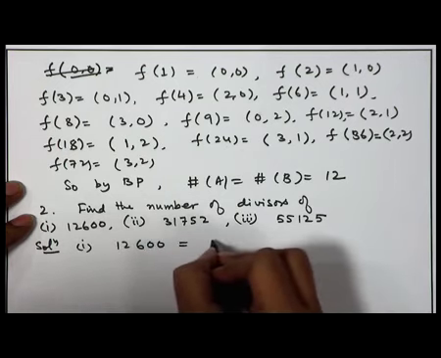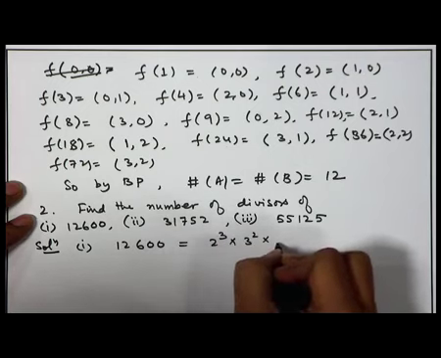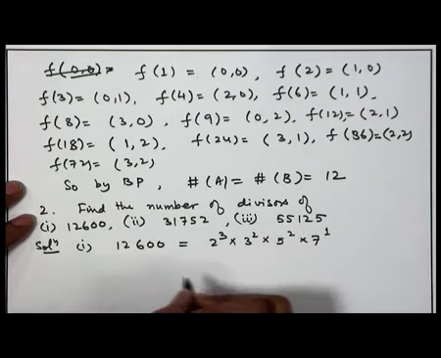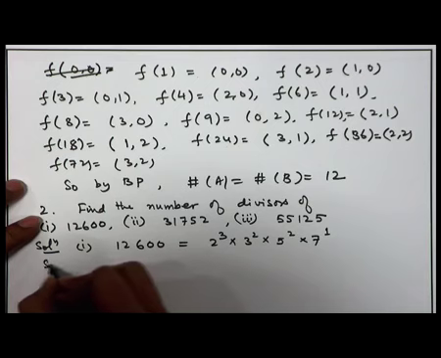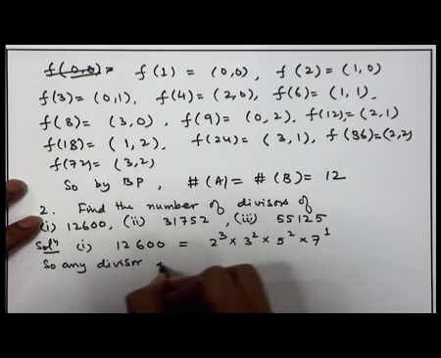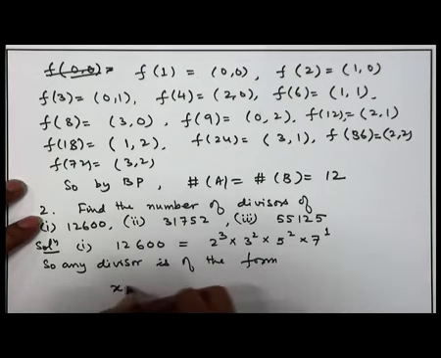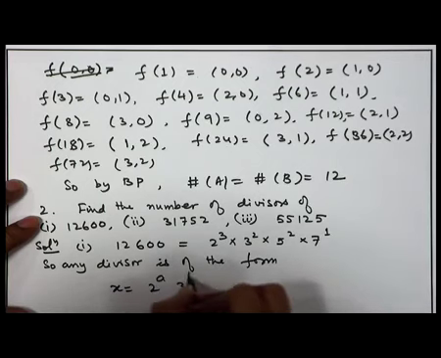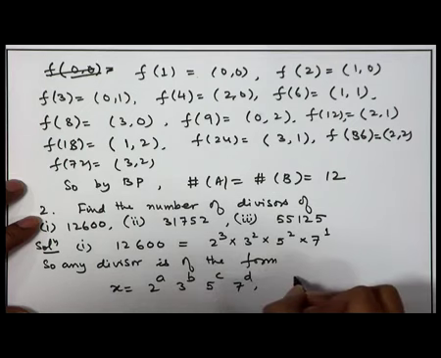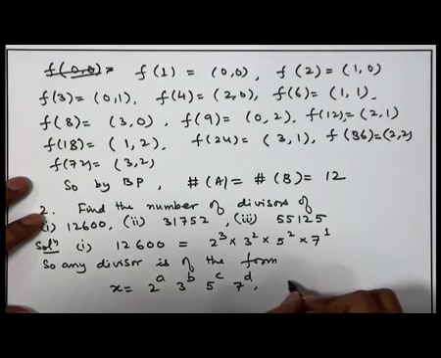12,600 can be factorized as 2 cube into 3 square into 5 square into 7 to the power 1. So, any divisor is of the form 2 to the power A, 3 to the power B, 5 to the power C and 7 to the power D, where now you see A, B, C, D, where they belong to.